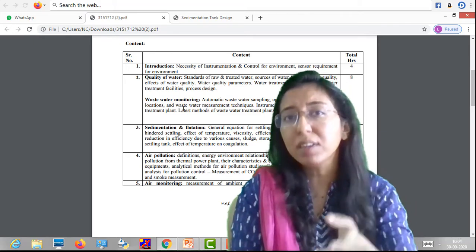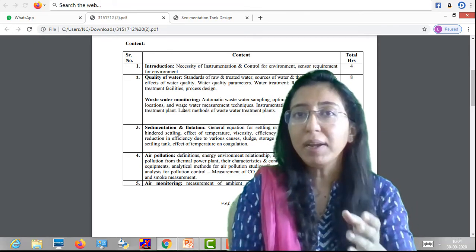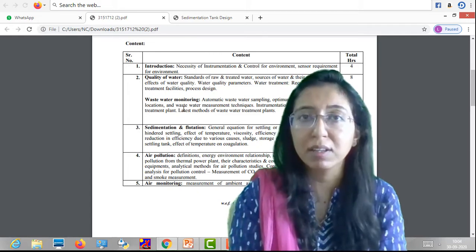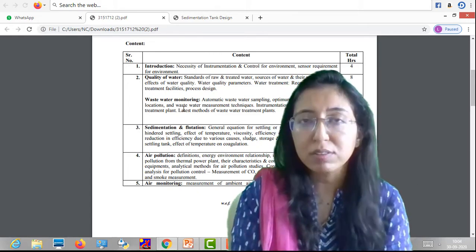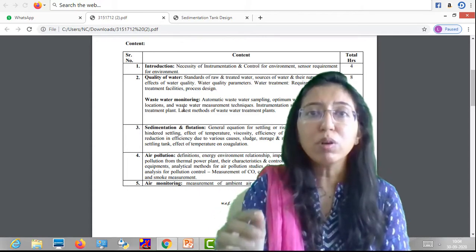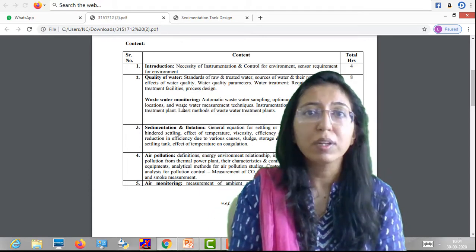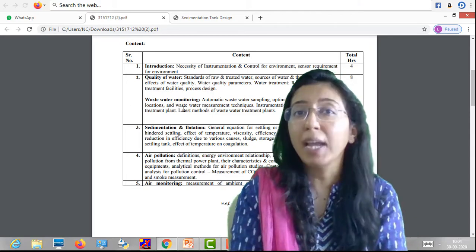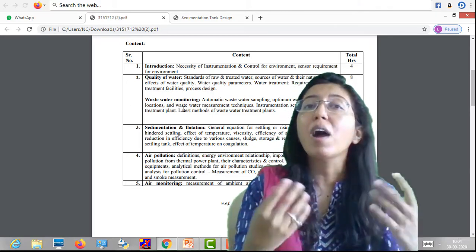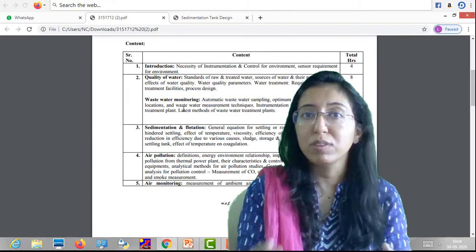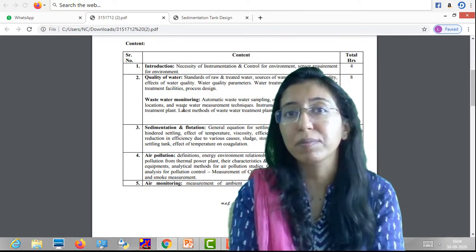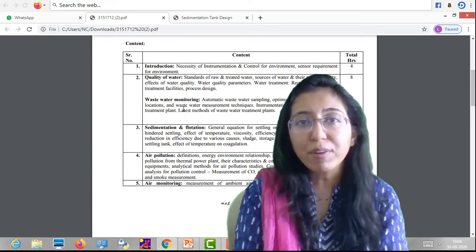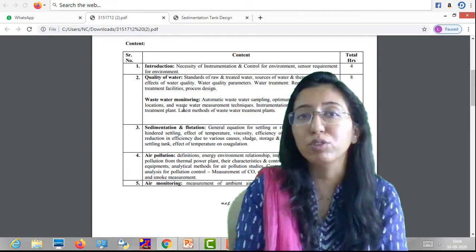In chapter 3, sedimentation: what is sedimentation, types of sedimentation, and the settling process. We will also discuss some basic design criteria of the tank and how to improve the sedimentation process. Chapter 4 and chapter 5 are regarding air pollution.